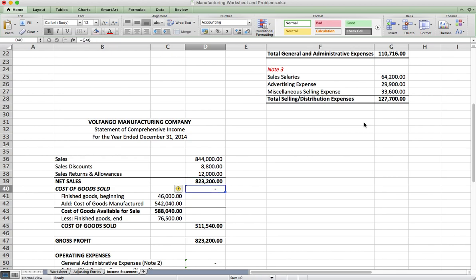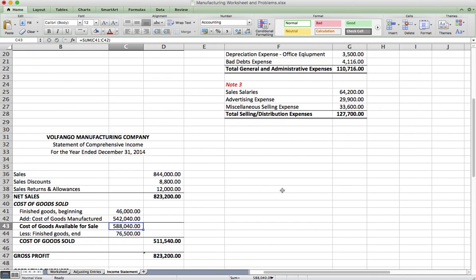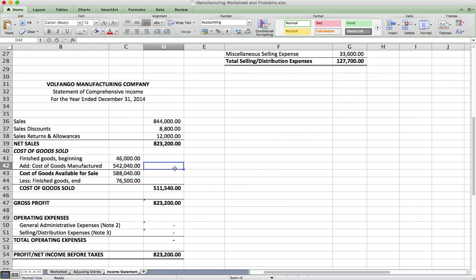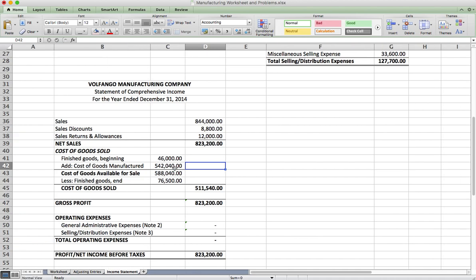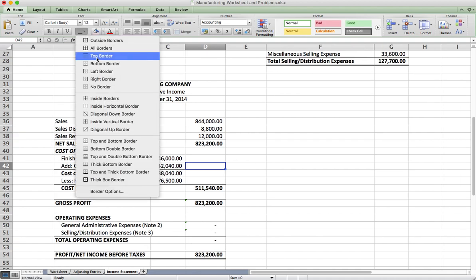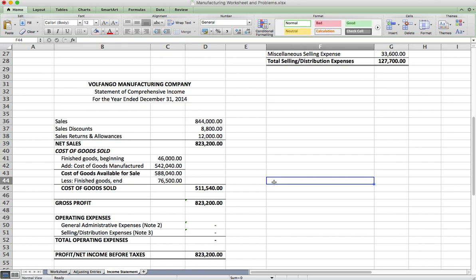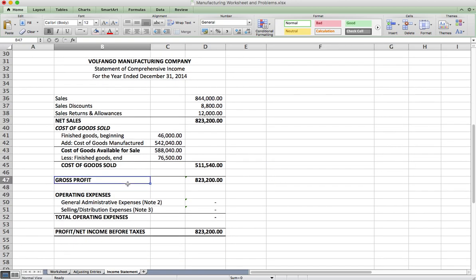Then you'll get your cost of goods sold. To get, lagay mo dito lahat. So you'll have 511,540. Yan. And then you will get your gross profit.